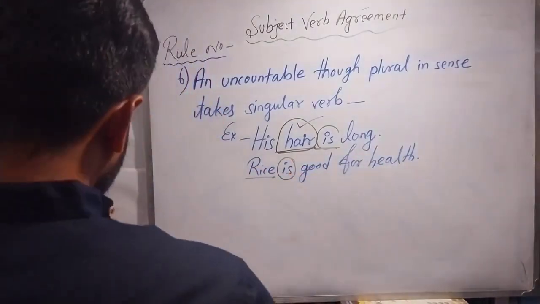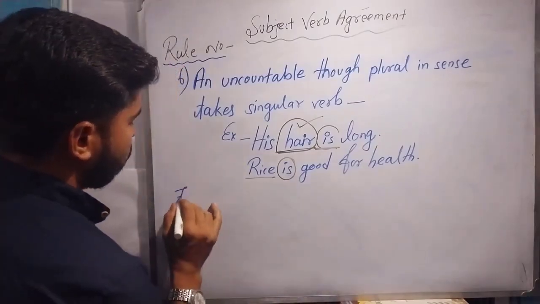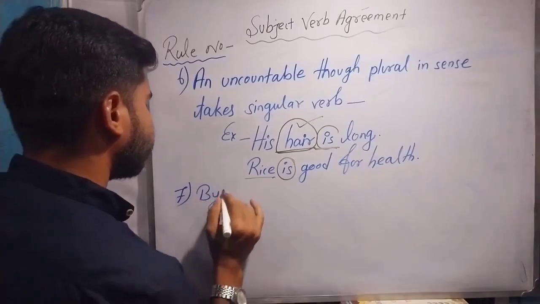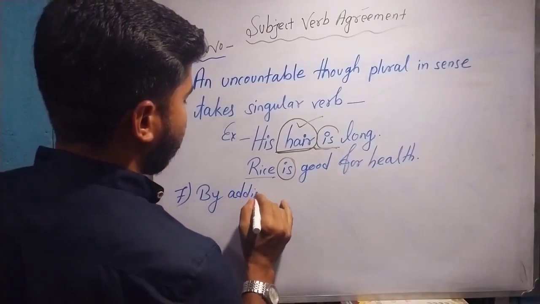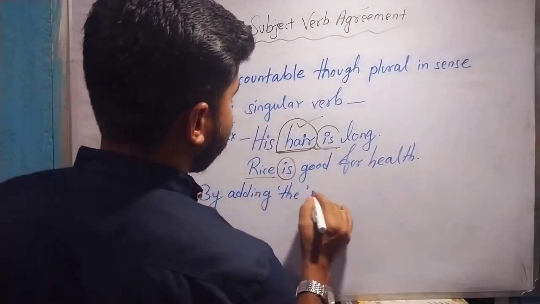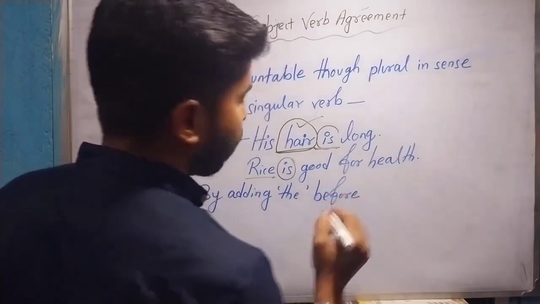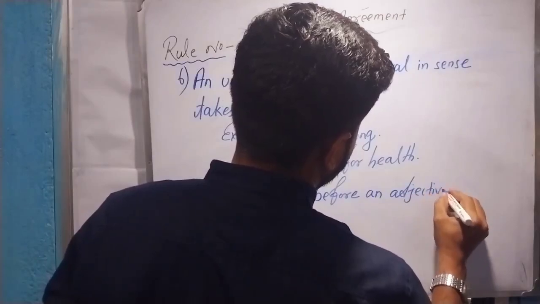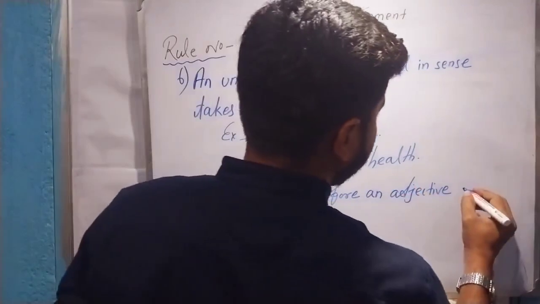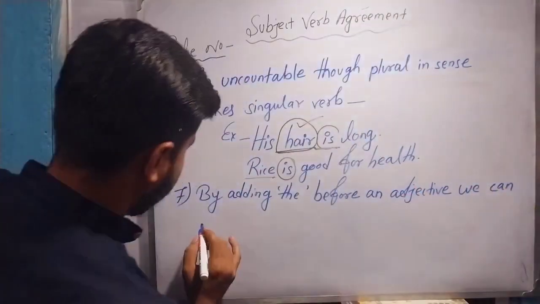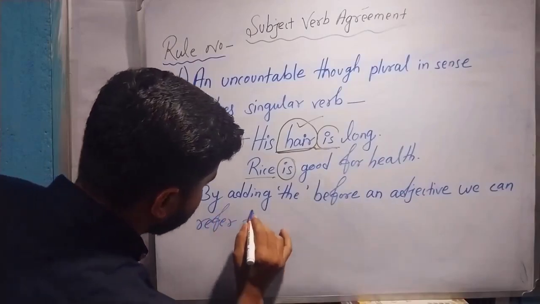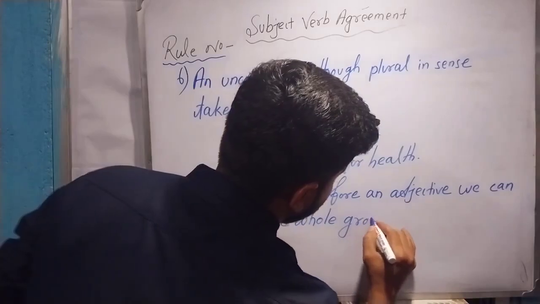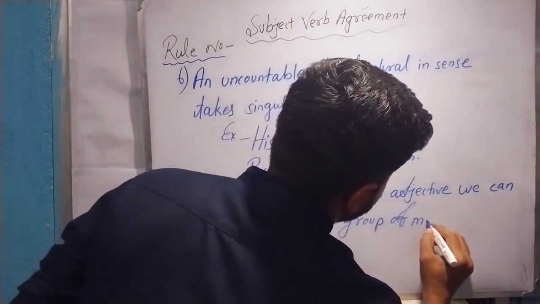Let's go to the seventh rule. By adding the before an adjective, we can refer to the whole group of men in the society.